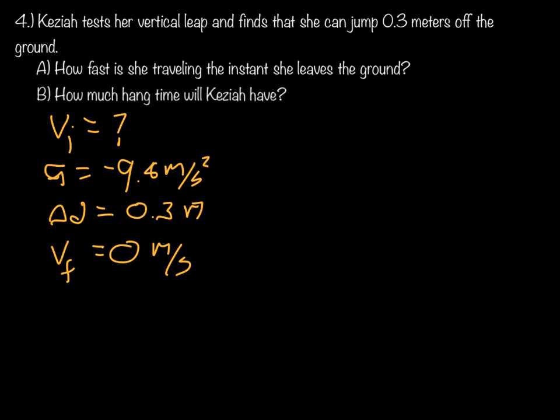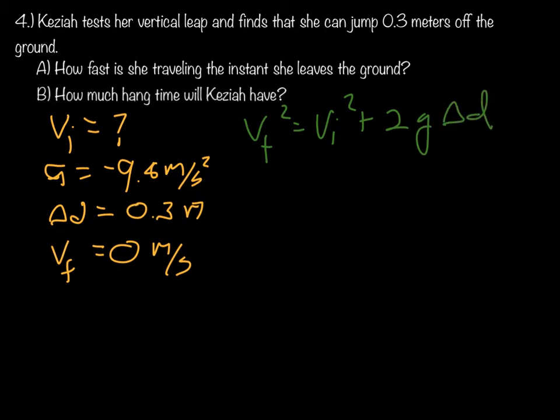So if I want to know how fast she's traveling, I want to know Vi. So I'm going to have to use this equation again: Vf squared equals Vi squared plus 2g delta d.